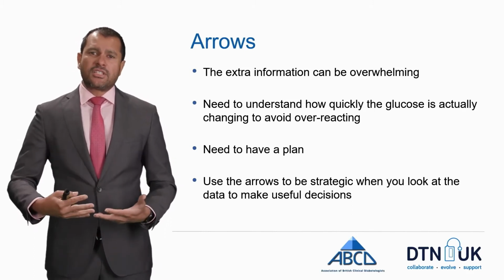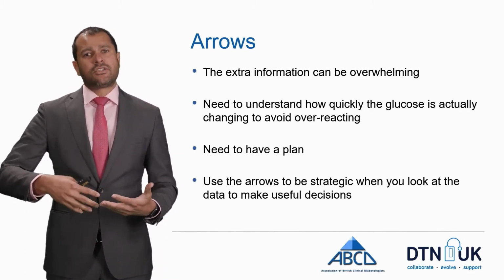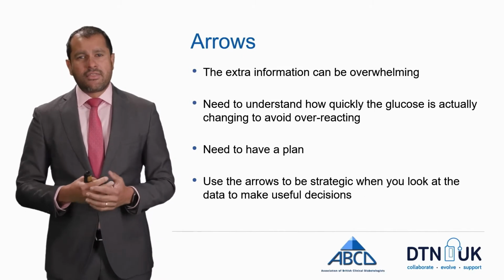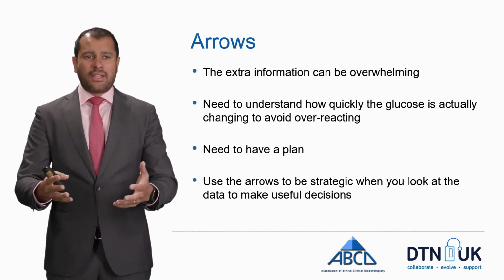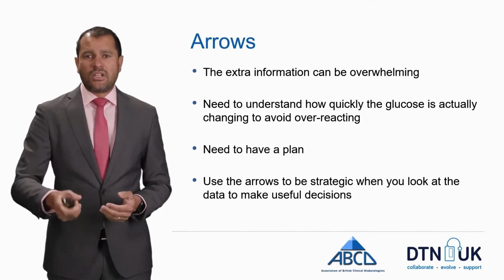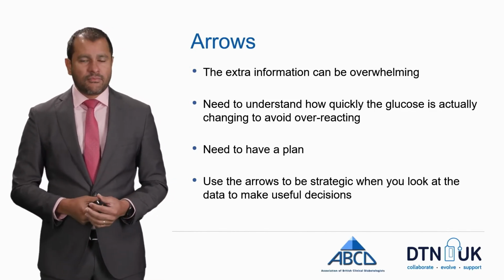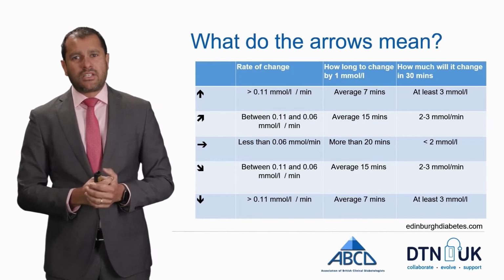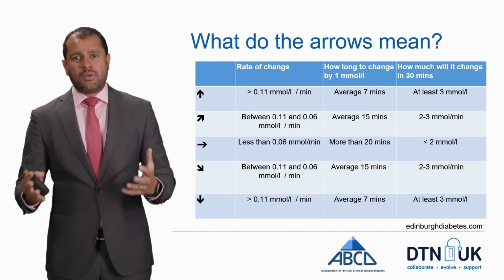And if you can understand how fast your glucose is going to change based on the arrow, that might help you make a plan and be strategic about when you should look at the data to make some really useful decisions. So this table gives you a bit of an idea about what the arrows mean, and I'll go through this slowly.